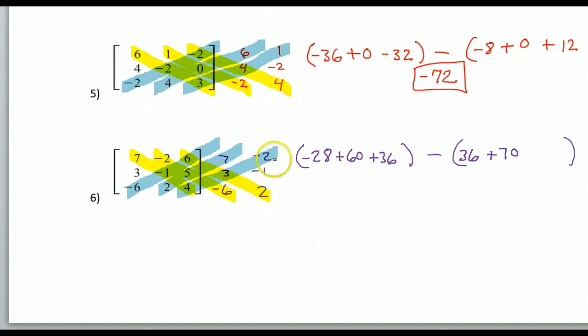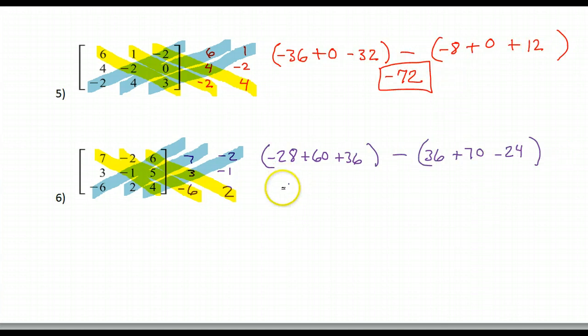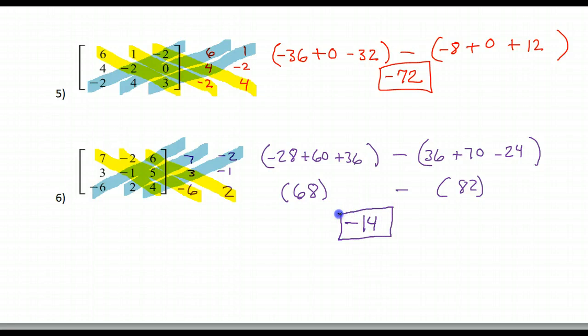Now my last up diagonal. 4 times 3 is 12. 12 times -2 is -24. So this is what we've got, my friends. This is 68 minus 82. So that's going to be -14. So that is going to be the determinant of this 3x3 matrix.